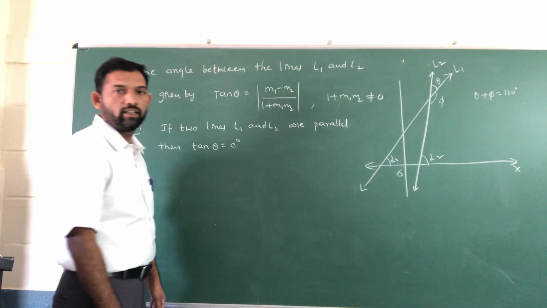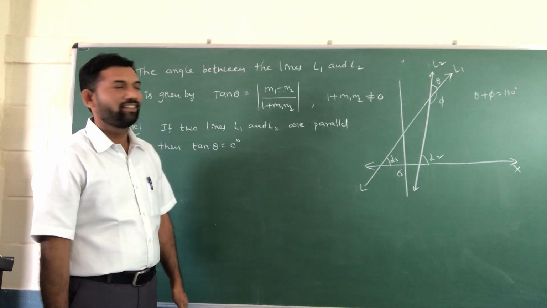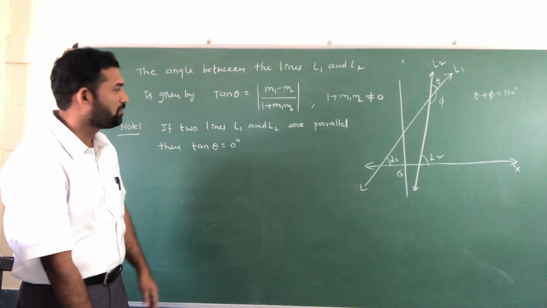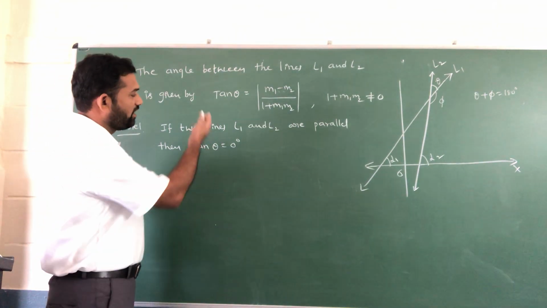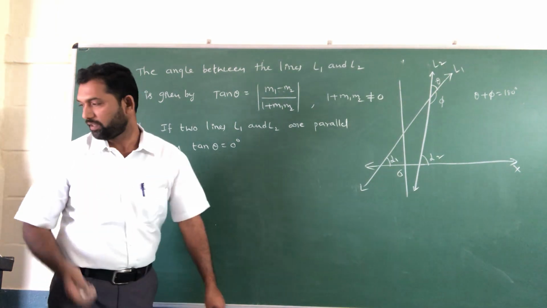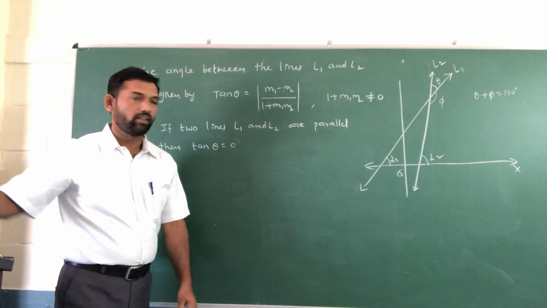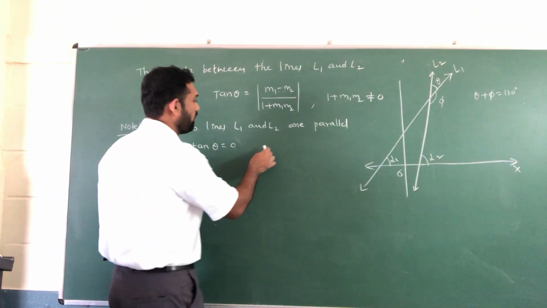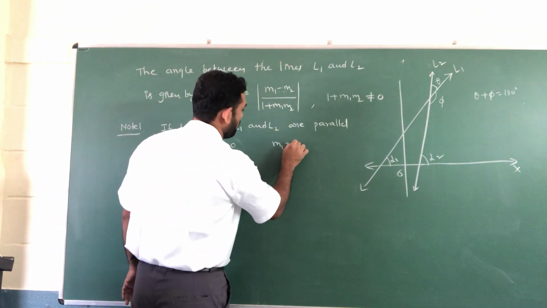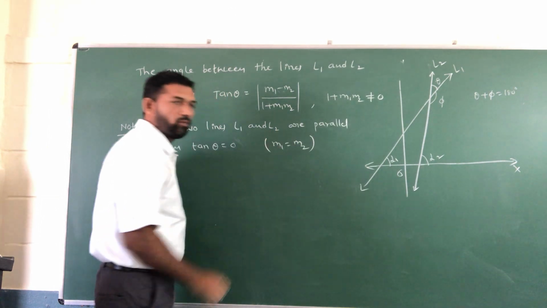Tan theta is equal to 0 means what happens? Tan theta is equal to 0, substituted, cross multiplication, we get m1 is equal to m2. To prove, we did that.